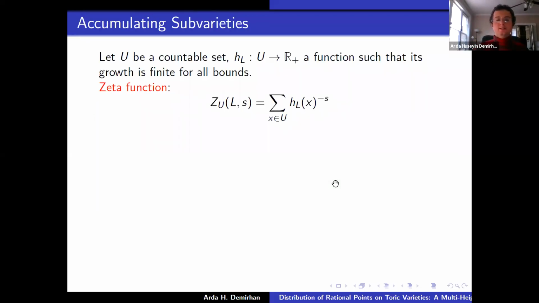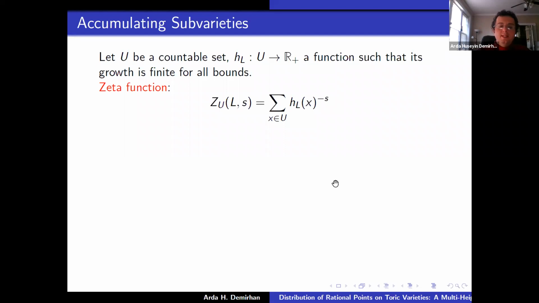So let's start. I already mentioned accumulating subvarieties, so let's see a definition of it. First, we need to define the height zeta function in the abstract setting. Say U is a countable or a finite set. Suppose we have a function H from U to R_+, and of course, this letter H suggests that this will be a height function, such that its growth is finite for all the bounds B that we have.